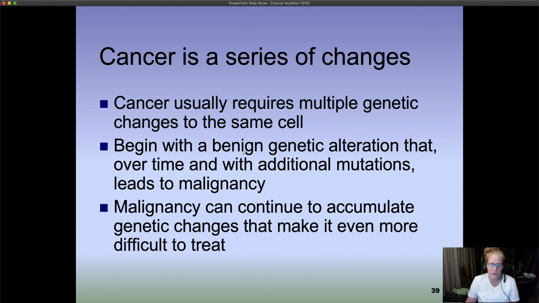It usually starts with some kind of benign mutation, but over time, additional mutations, especially if something like P53 is missing or not functioning properly, will build up over time. When cells become malignant, it becomes much more difficult to treat and target those cancers.